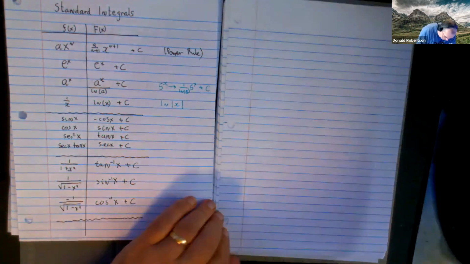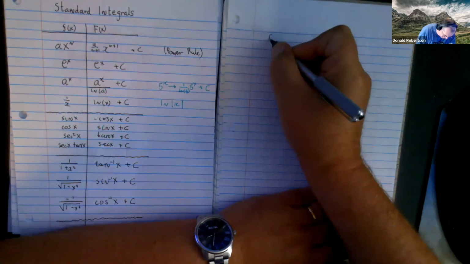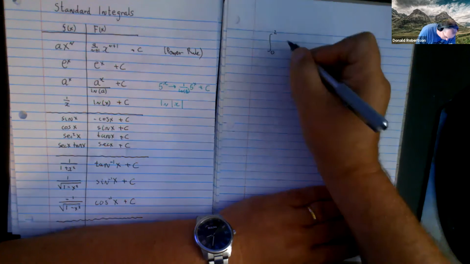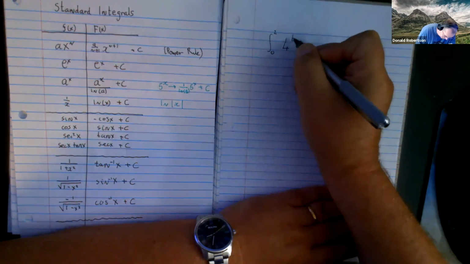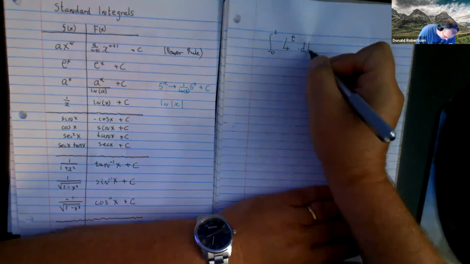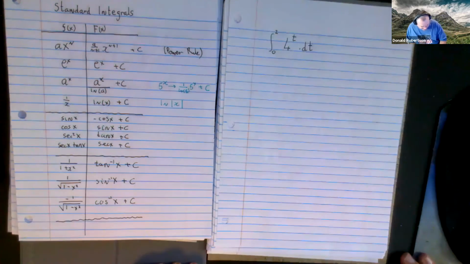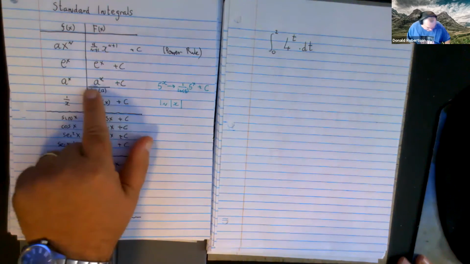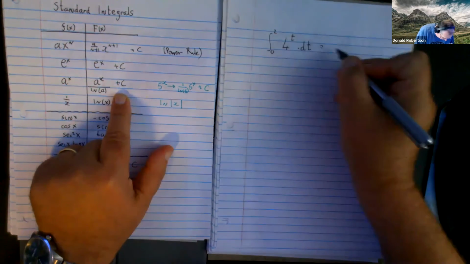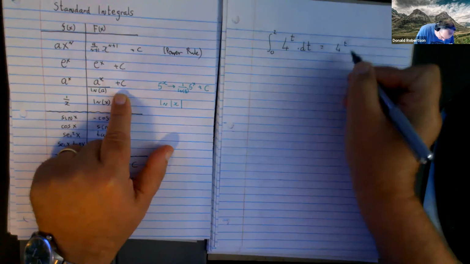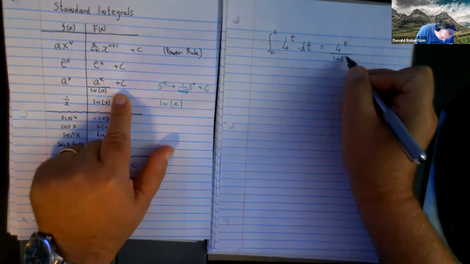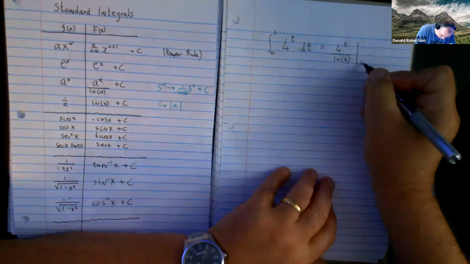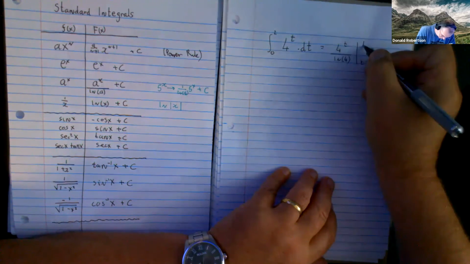I'll pick my own. How about the integral from 0 to 2 of 4 to the power of t dt. Its antiderivative is 4 to the power of t divided by the natural log of 4. And then you evaluate it at t equals 0 and at t equals 2.